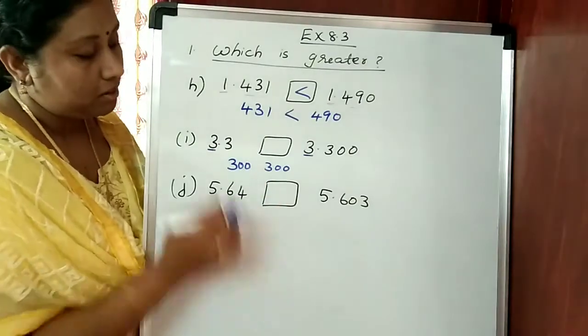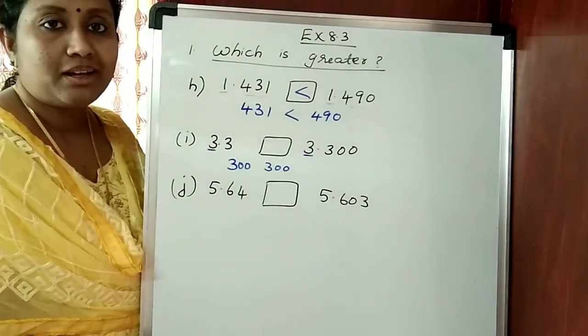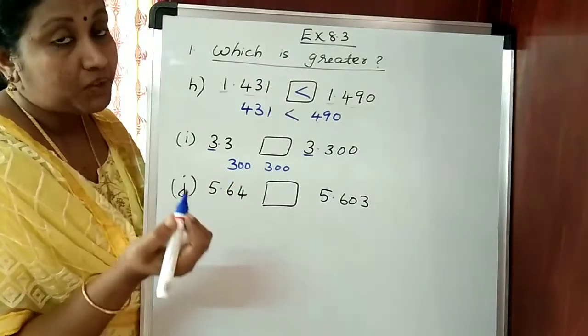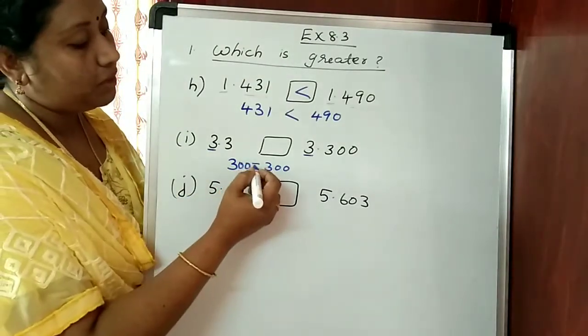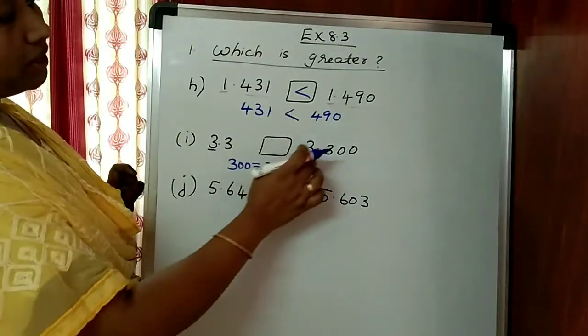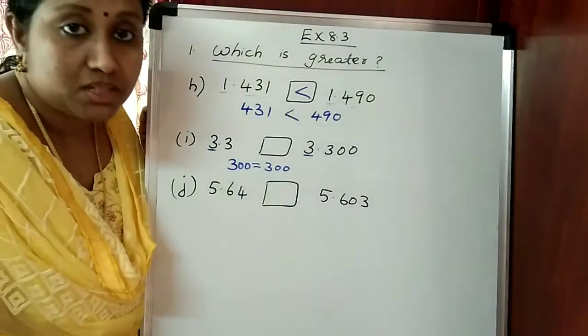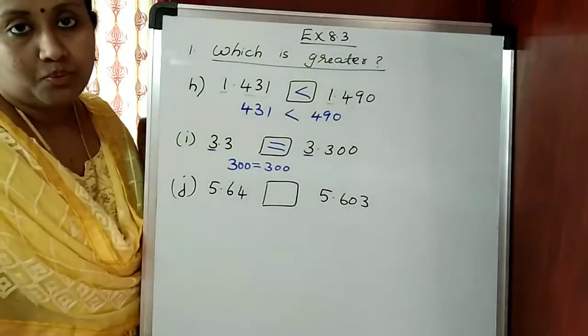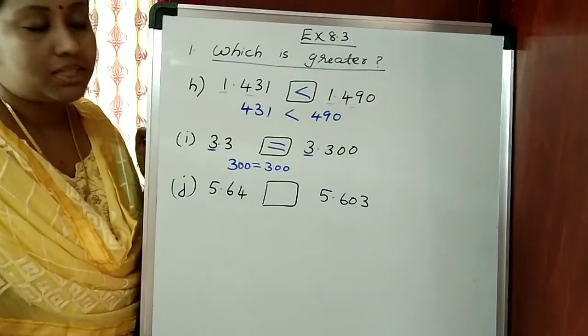Now you look, 300 and 300. Both are same, isn't it? So which symbol? Both are equal. So put the equal symbol here. So 3.3 and 3.300, which is greater? Both are same value. So you put the equal symbol.